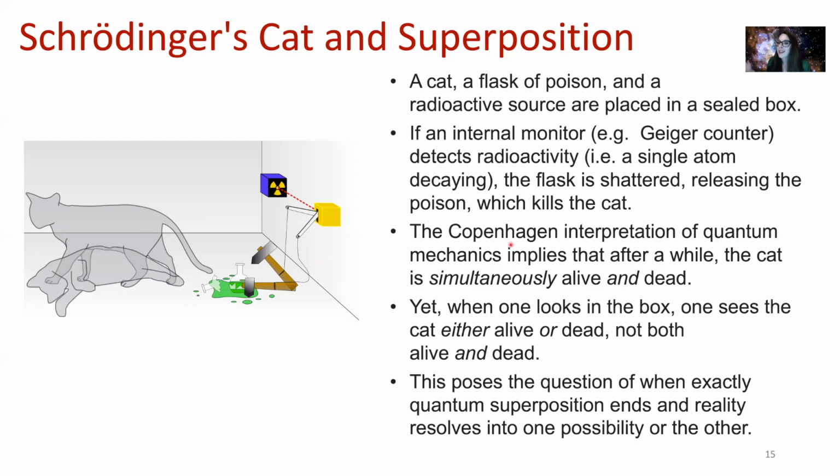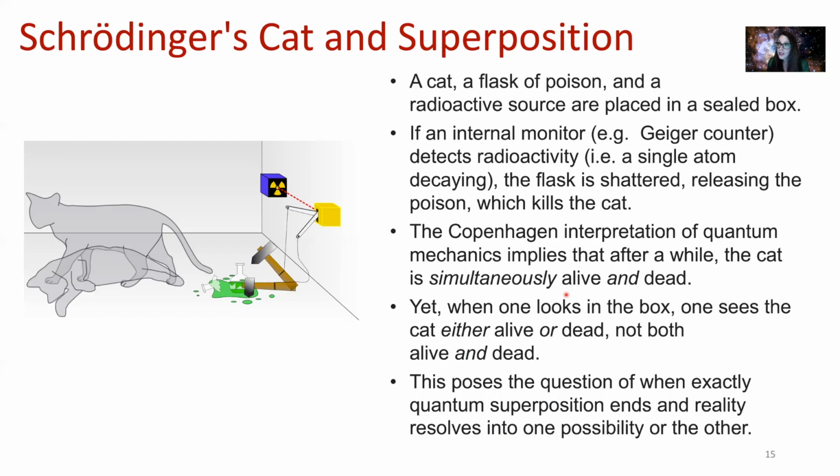The Copenhagen interpretation of quantum mechanics, which was one school of thought for quantum mechanics early on, implies that after a while, the cat is simultaneously both alive and dead. Yet, when one opens the box, one will discover that the cat is either alive or dead, not both alive and dead.